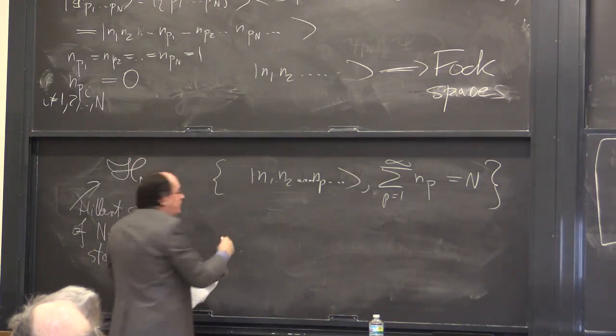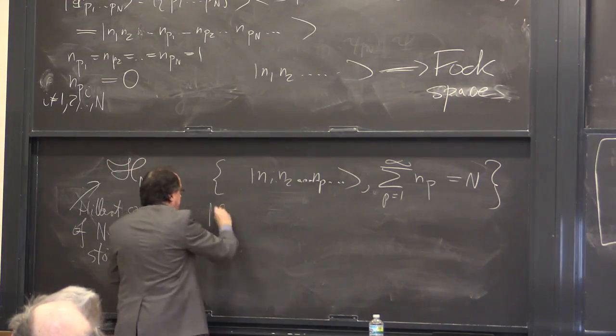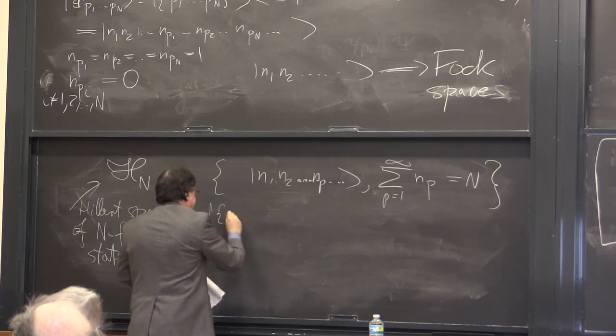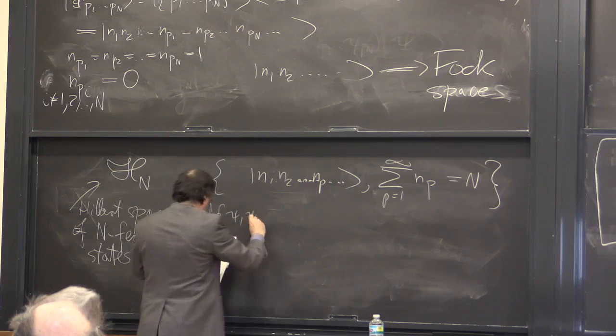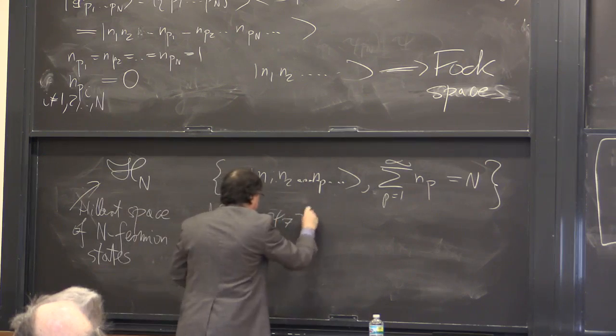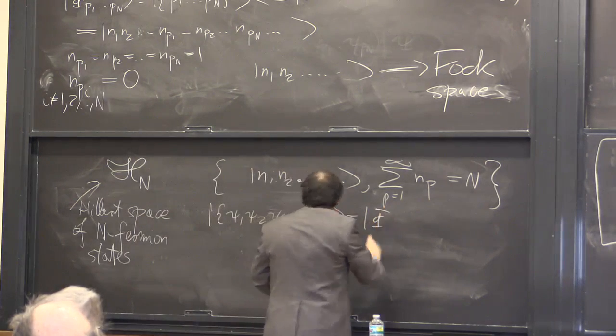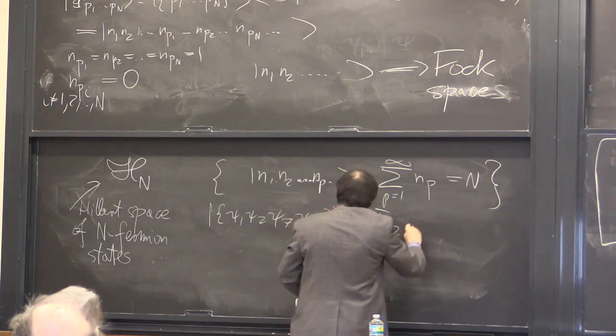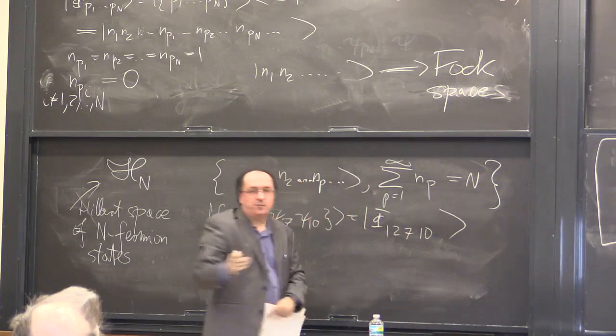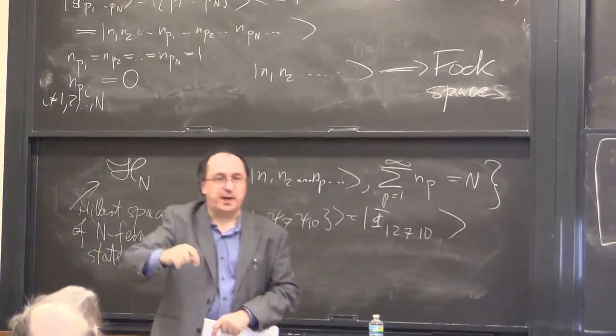So let's do maybe one example. How am I going to write now a determinant, say, psi1, psi2, psi7, and psi10? Let's again use practical notation, what I would also write as phi 1, 2, 7, 10. A determinant where spin orbitals 1, 2, 7, 10 are occupied.